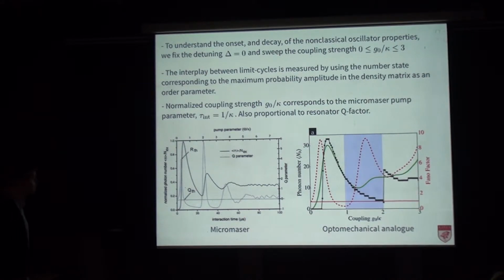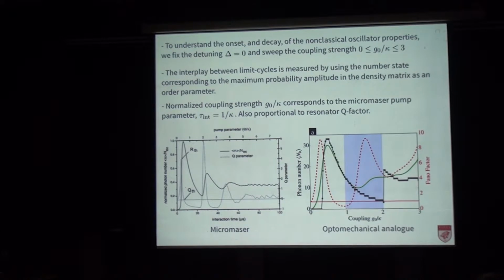I'm going to use a special tool to look at this, and I'm going to use the number state corresponding to the maximum probability amplitude in my density matrix as essentially an effective order parameter. These black squares, which I'm going to tell you about in just a sec, represent which phonon number my oscillator is most likely to be vibrating with.